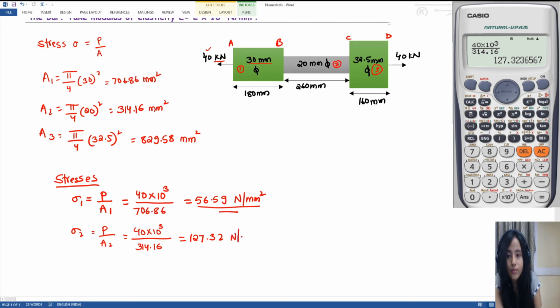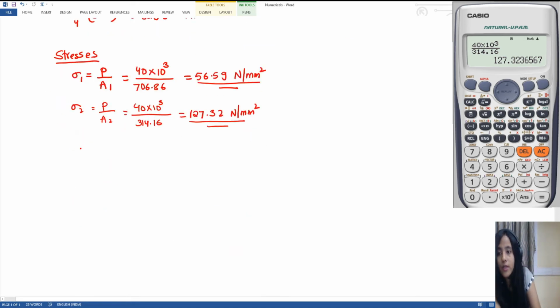127.32 Newton per mm square. Right? Now sigma 3 will be equal to P by area.